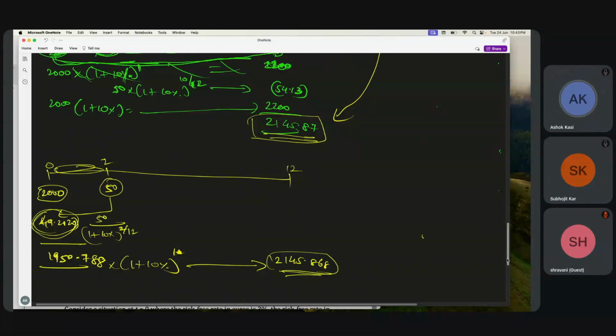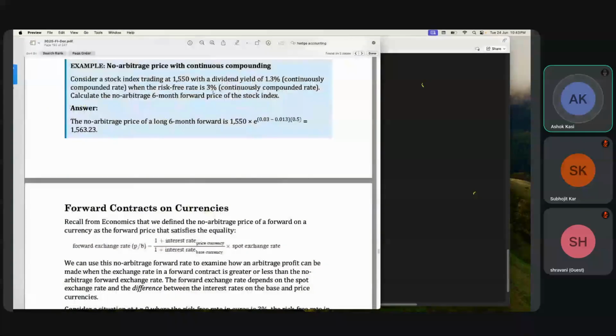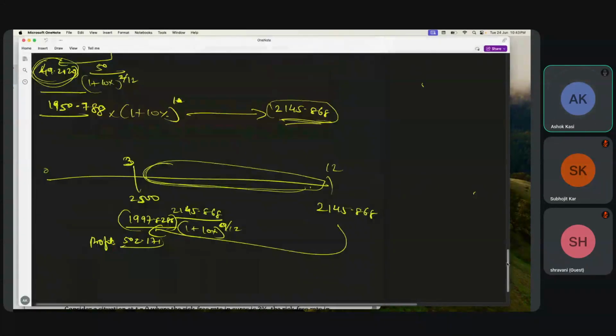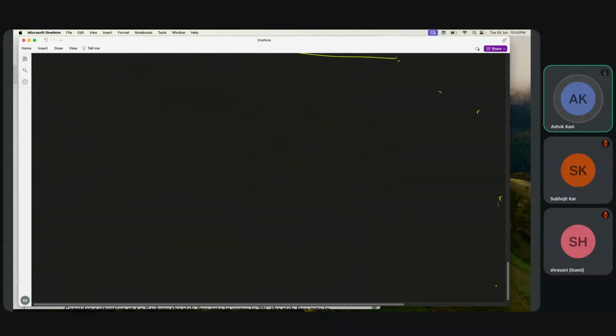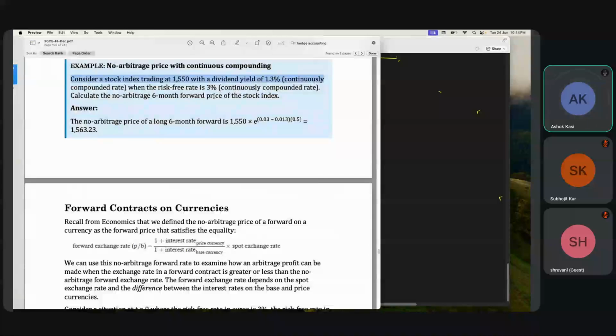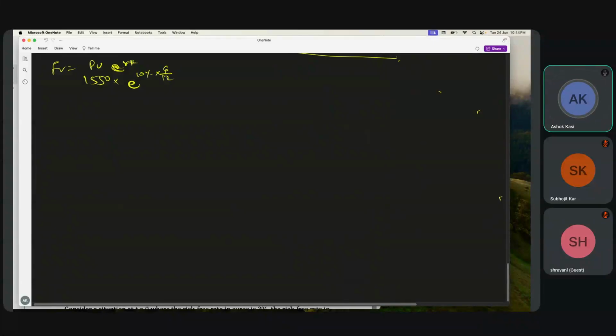Is it okay? Yes, sir. Okay, now we'll come to the sum. You see here it says 1550, but with continuous compounding. Spot is 1550. So 1550, the present value, into e raised to rt is the formula. r is 10 percent, for 6 months, so it is 6 by 12, that is 0.5.